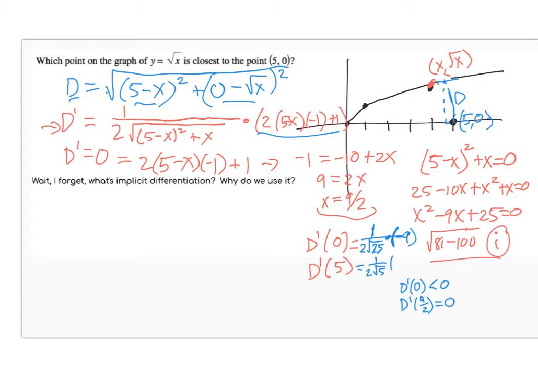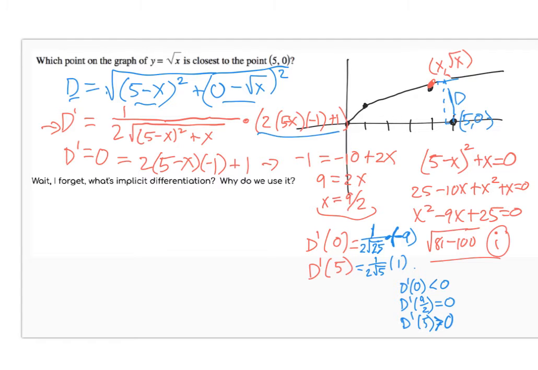And then for the other part, we're going to end up with 0 for the first part, and then plus 1, which is a positive number as well. So we've got d prime of 5 is going to be greater than 0.